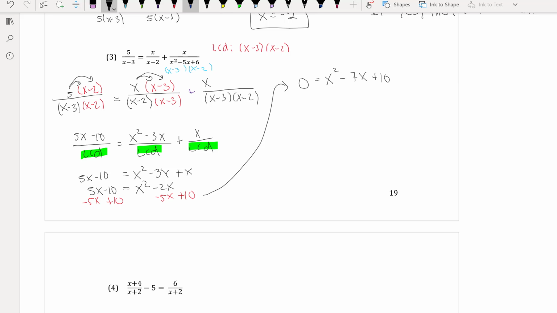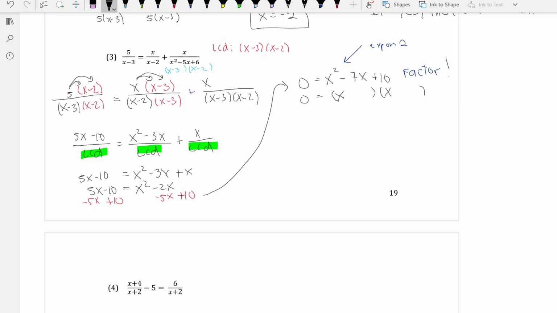From here, what I want to do is factor. Whenever I have an exponent of 2, that kind of tells me, hey, exponent of 2, you want to try to factor as much as possible. So here we go, factor.